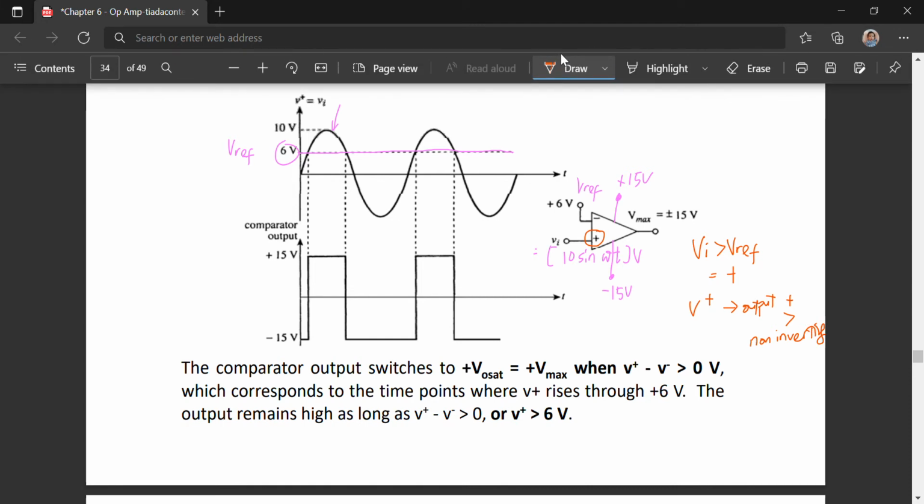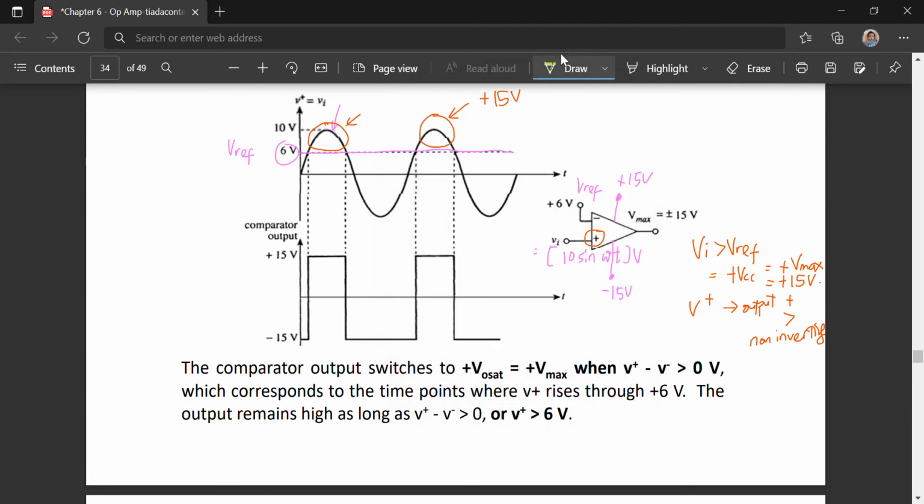So when your Vin is greater than Vref, you will get positive VCC or positive Vmax, or in this case 15 volt. So the greater part, there are two parts over here. Here you will get positive 15 volt.